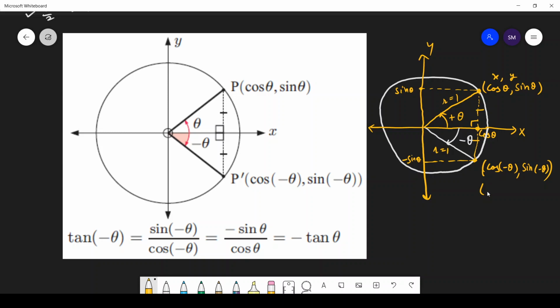It has minus sin theta on the y coordinate, and on the x it remains cos theta. So these coordinates are equal. So cos of minus theta is equal to cos theta, and sine of minus theta is equal to minus sin theta.